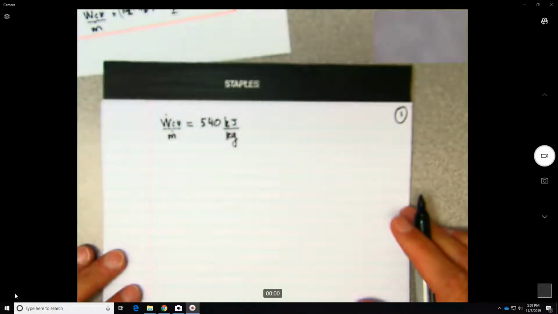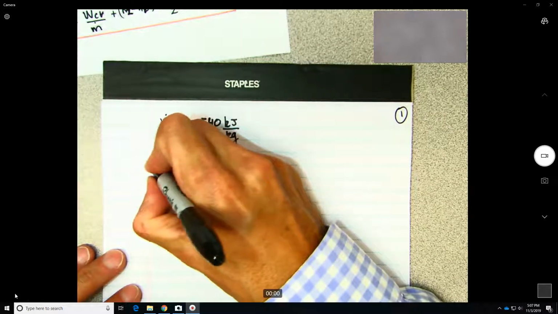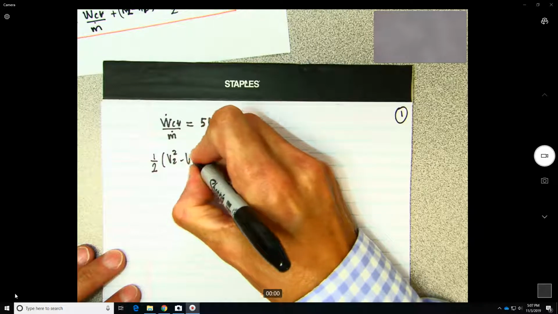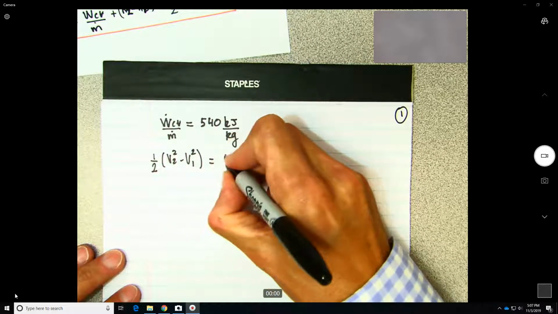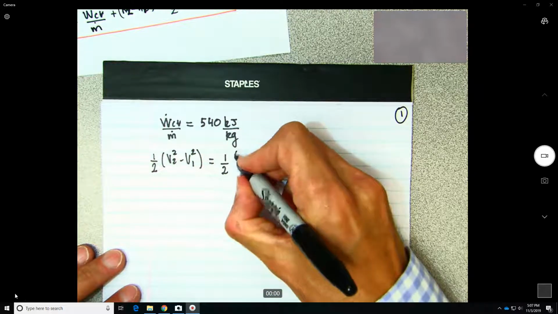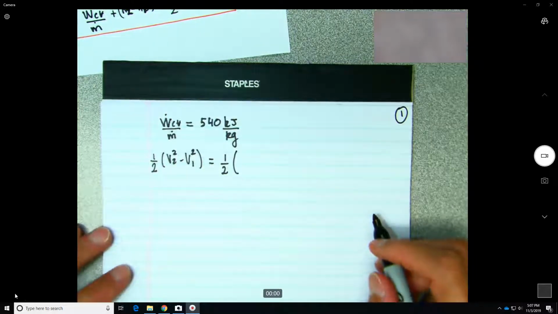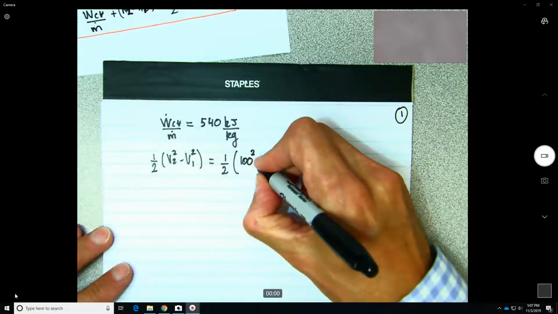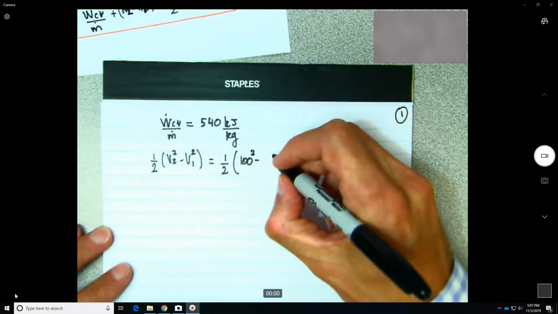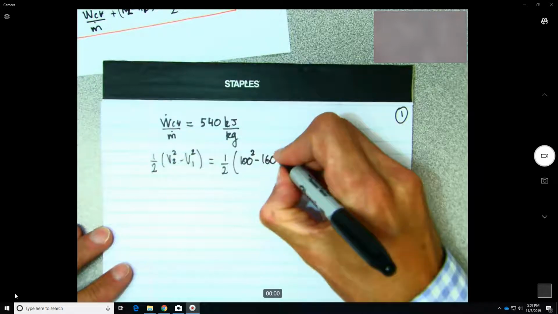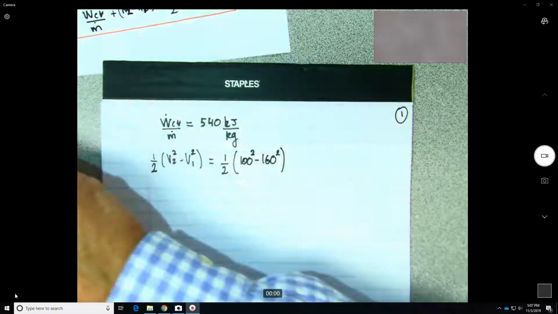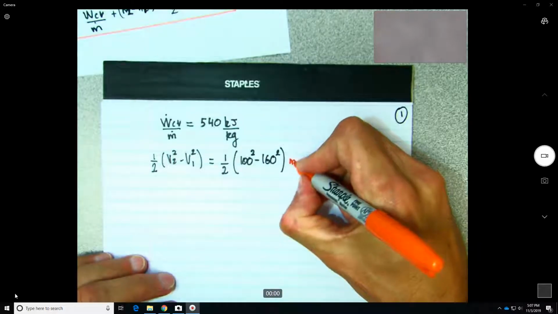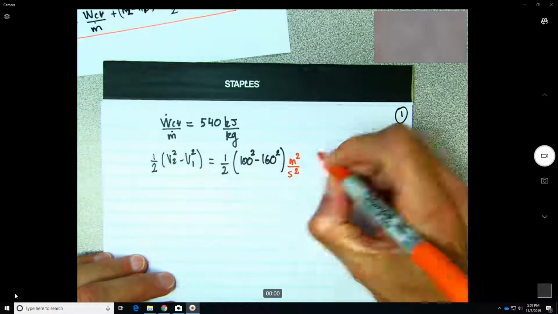And let's do this term here: 1/2 of V2 squared minus V1 squared is equal to 1/2 of 100 meters per second squared minus 160 squared.